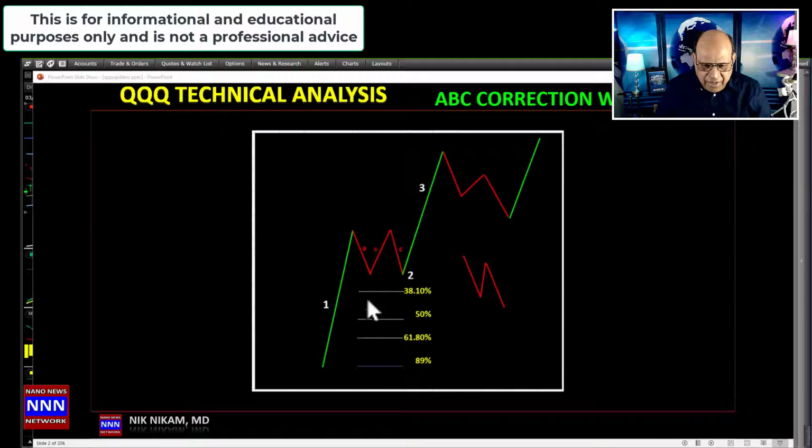All right. A basic correction after an impulse wave is a flat A, B, C. That's the basic concept of a correction. This correction could be anywhere from 38.1% or 50% or 61% of wave 1.